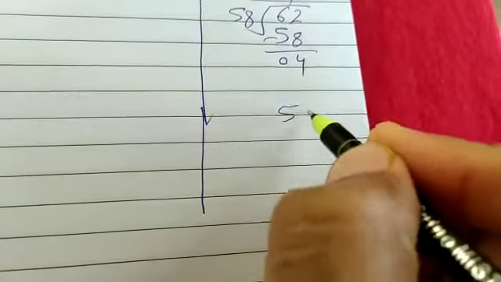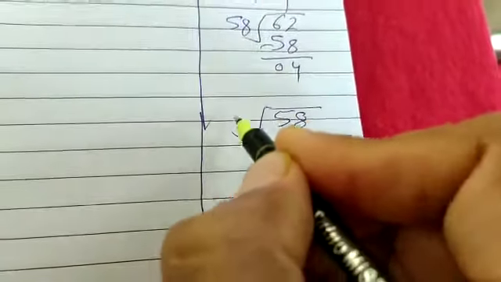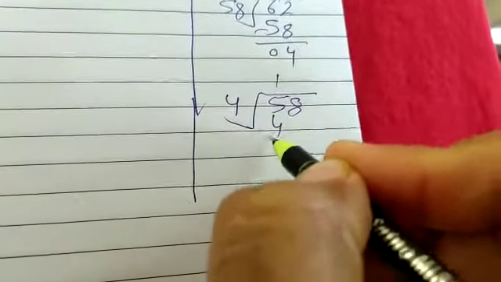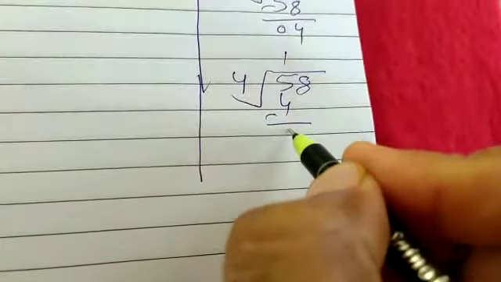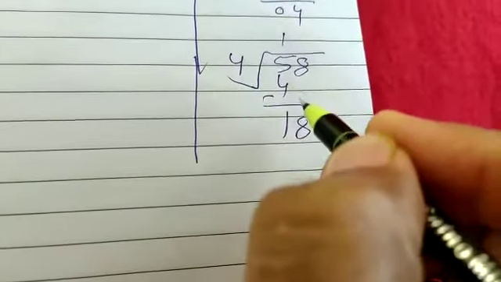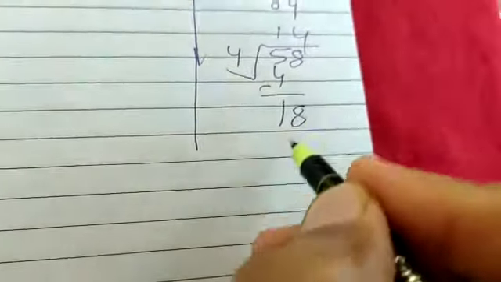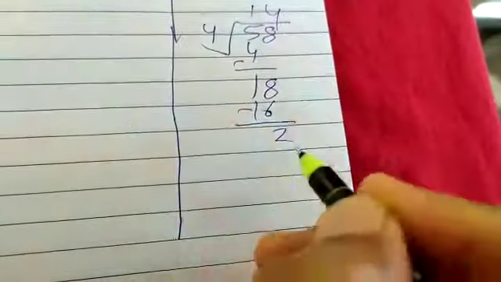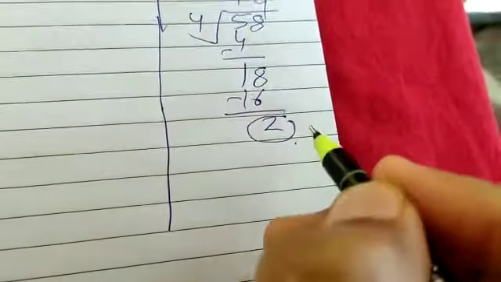So now let us divide 58 by 4. 4 into 1 is 4. The remainder is 18. Then 4 into 4 is 16, and the remainder is 2. Again we can see that the remainder here is not 0.